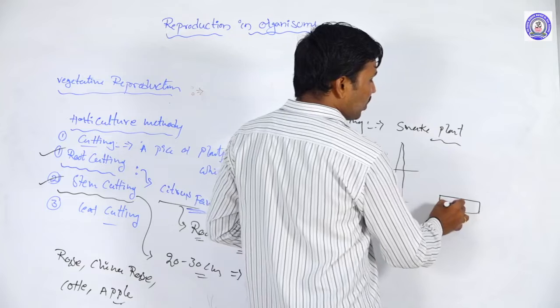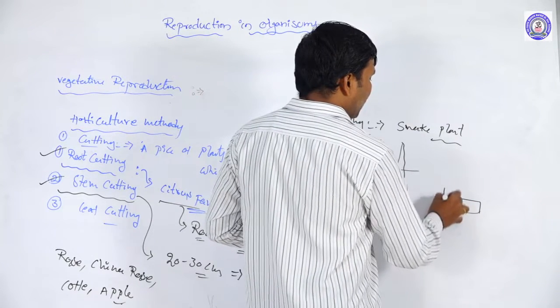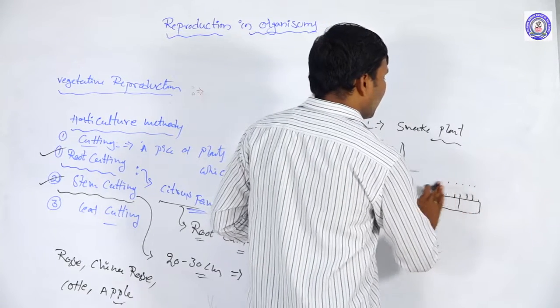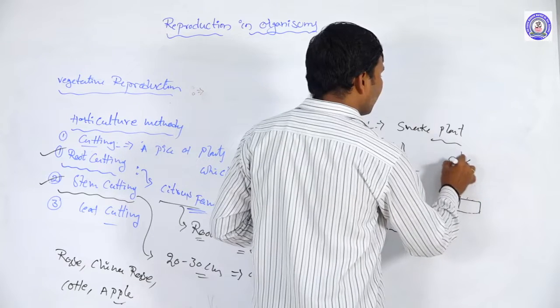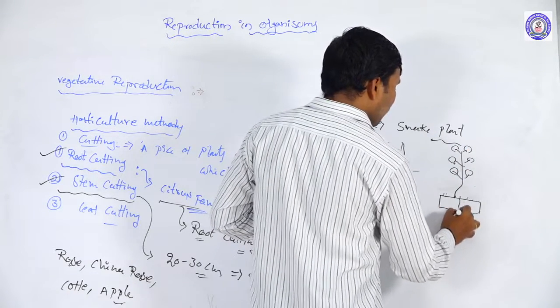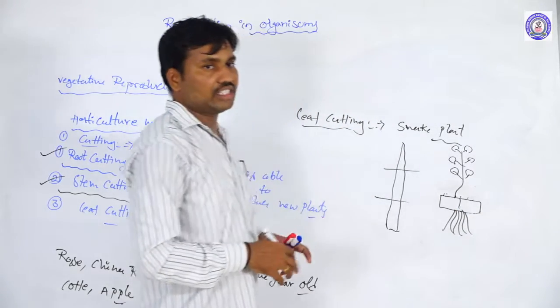Then from the upper part a new shoot arises, and from the lower part roots arise.